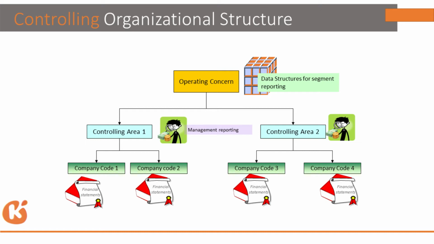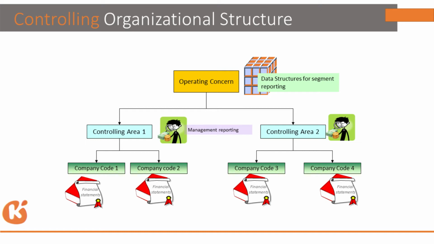So the first thing is, as an FI consultant, they need to create the company code in the system, and also complete the company code related basic configurations. After that, we can start working on the controlling area.